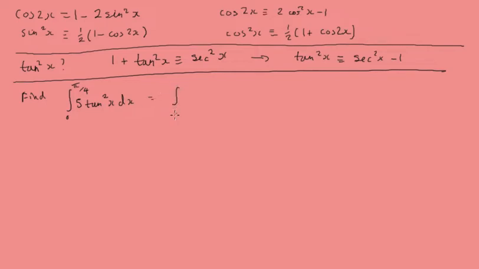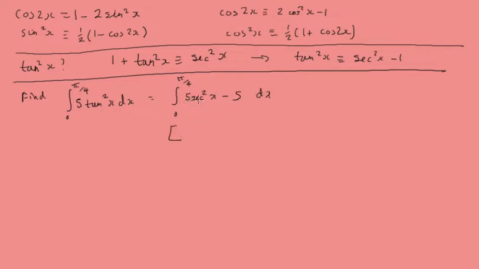Our integral between 0 and pi over 4, I will take the 5 out here, actually we'll keep the 5 in this time because we're doing a definite integral. So this will be 5 sec squared x minus 5, so just multiply through by 5 for that one, dx.